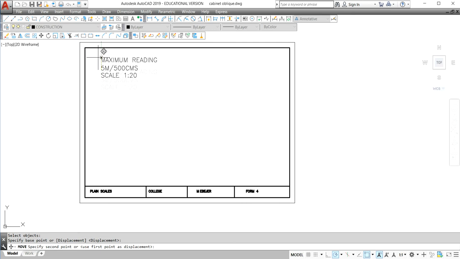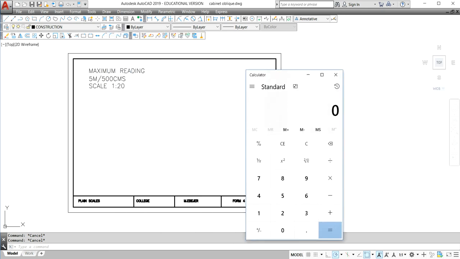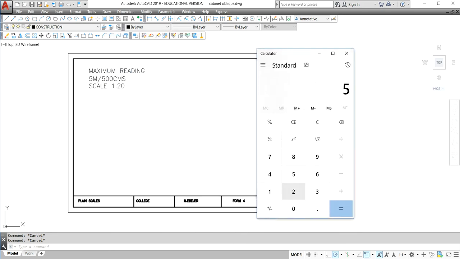So this is the information. First thing we're going to do: if the scale was 1 is to 1, 5 meters would remain 5 meters. But in this case, 5 meters is going to be reduced by 20. So the first thing we need to do, which is very, very important, is 500 divided by 20, and it will give us 25 centimeters.